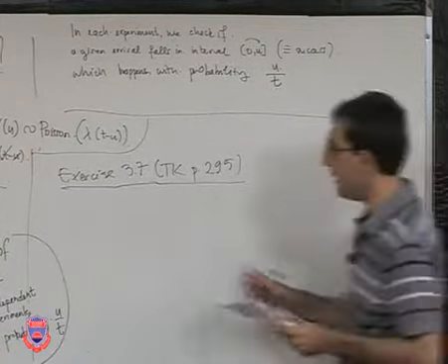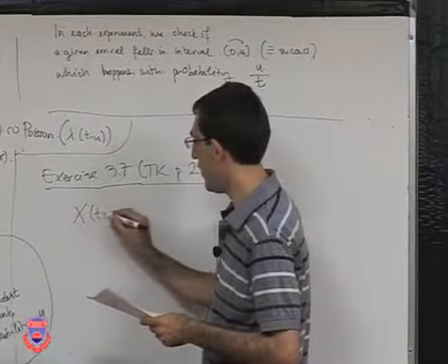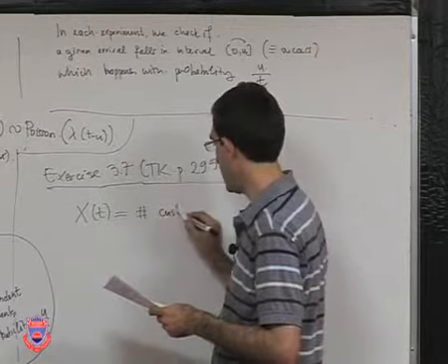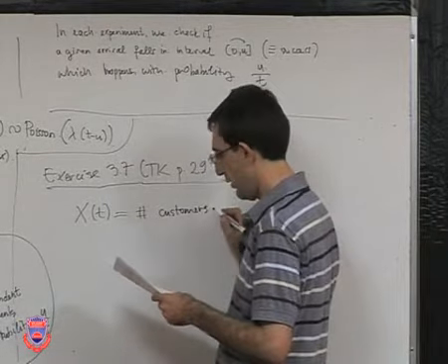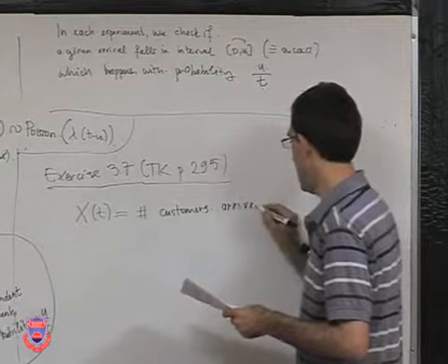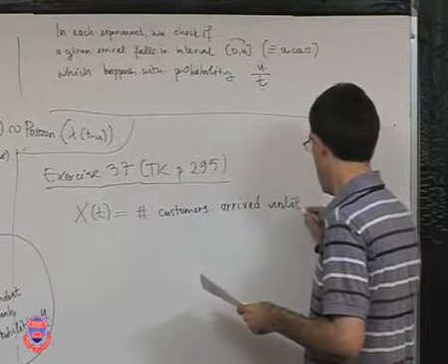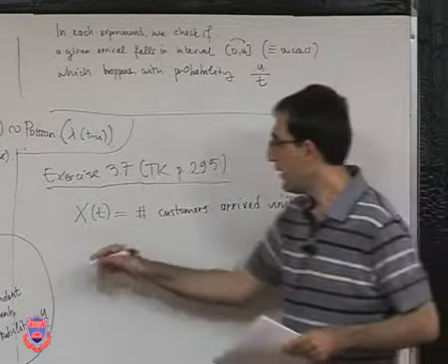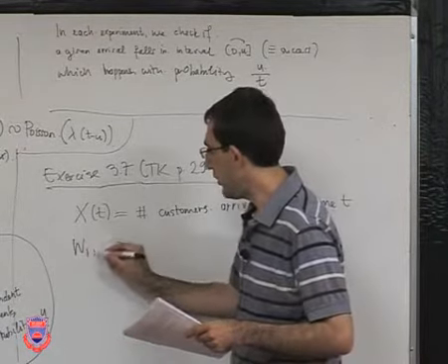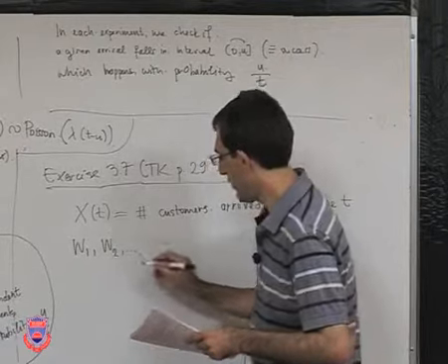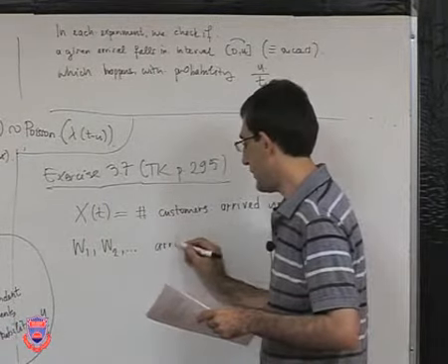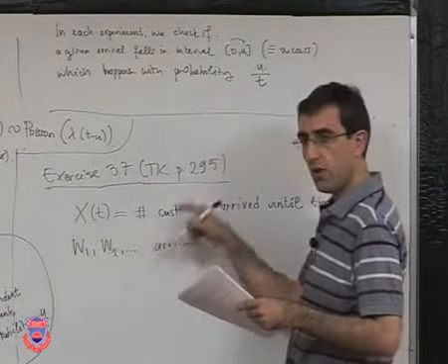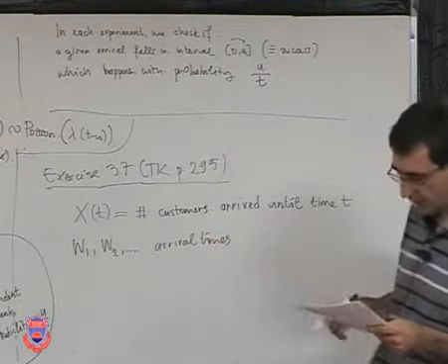By X_t, we denote the number of customers arrived until time t. And as usual, we will denote by W1, W2, and so on the arrival times of the first, second, third customers. These are all arrival times.